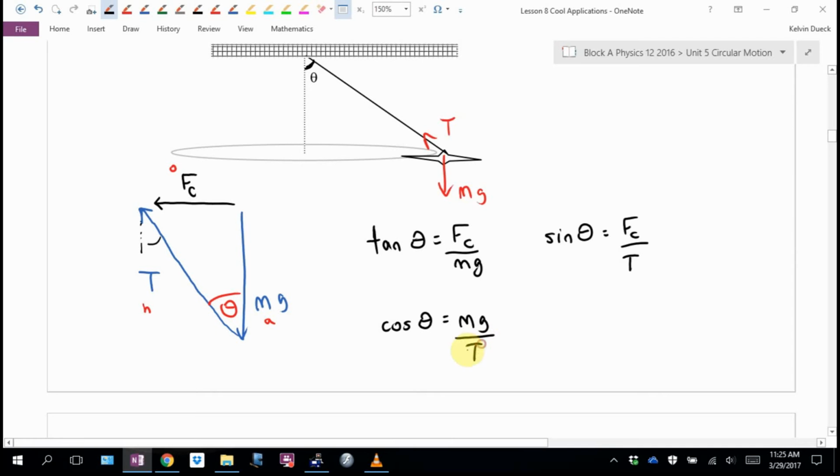And really what this means is if you give me the angle, all you need to do is give me one force and I can find everything else. Really, all you need to do is give me the mass, because then I have mg, and I can find everything else. And once I knew FC, I could probably figure out v squared over r. I could probably solve for v if you tell me the radius. I can tell you how fast it's going.